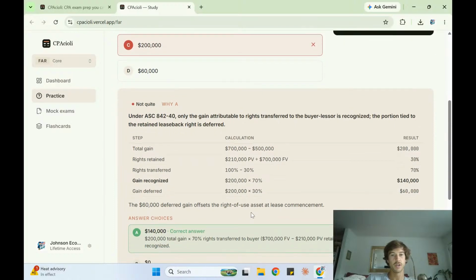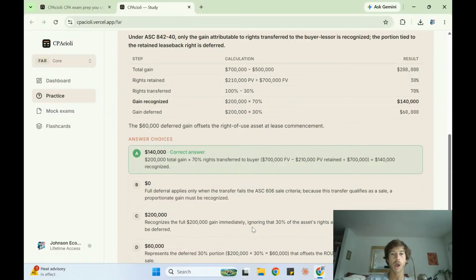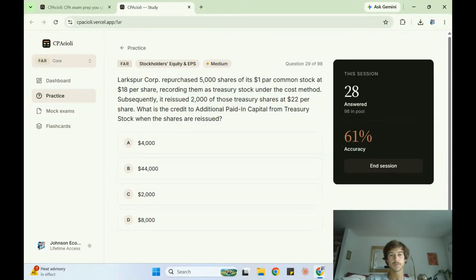And the gain offsets the right-of-use asset at lease commencement. Okay, so 30% needs to be deferred, and the other 70% is the calculation.